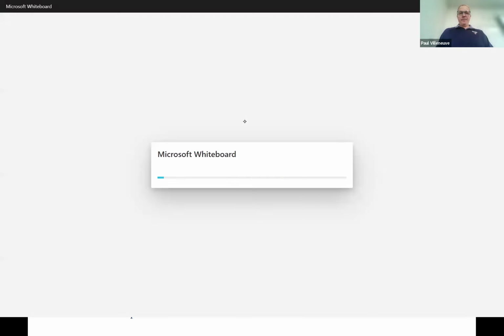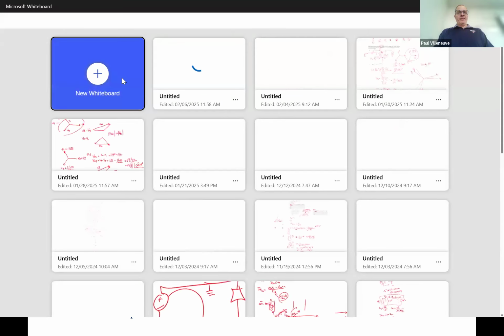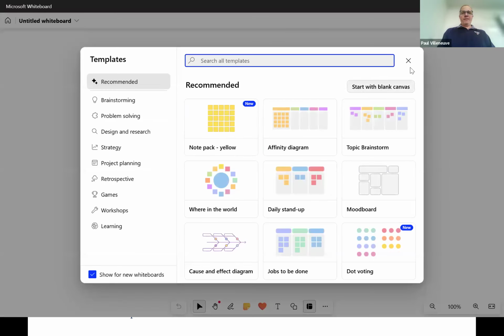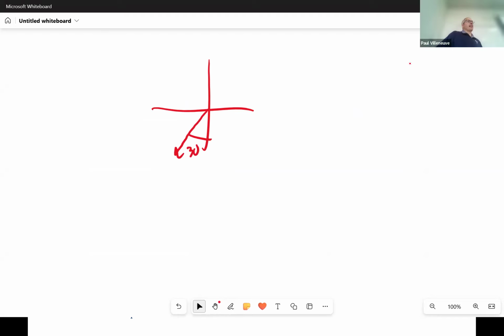So let's draw an XY graph. And 240 degrees is going to be over here, right? It's going to be about 30 degrees from that 90 axis, correct?